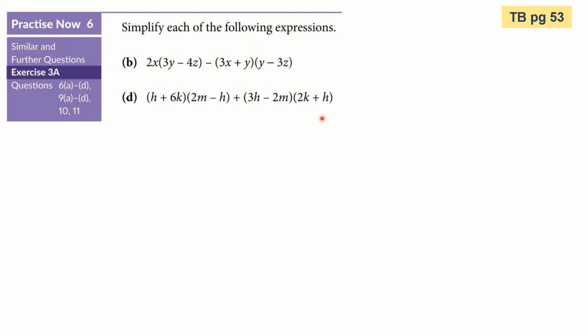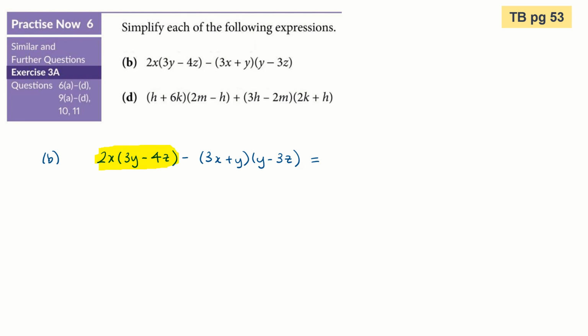So taking a look at part B, we are given 2x times 3y minus 4z minus 3x plus y times y minus 3z. So as I mentioned, we do things one at a time. So in our first pair of brackets, maybe let me just grab a highlighter. This is the first component that we will be looking at.